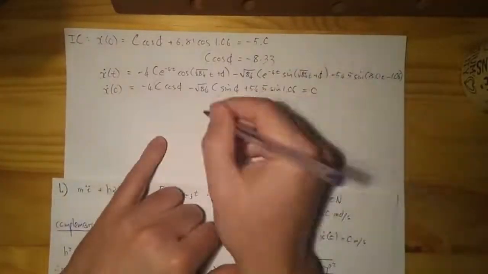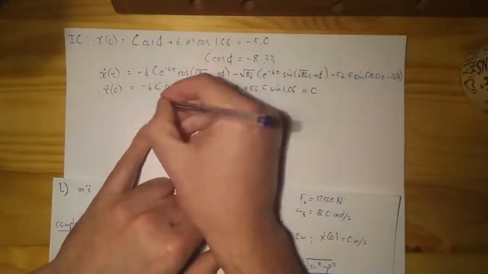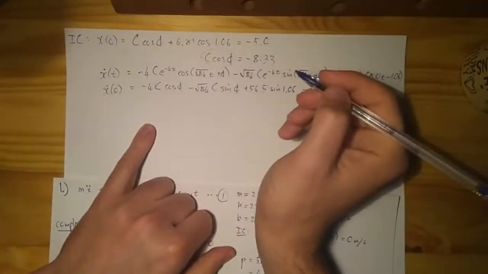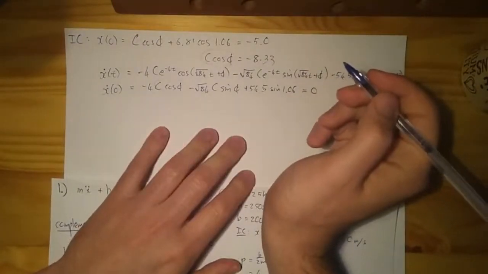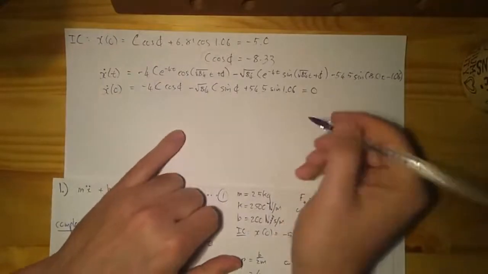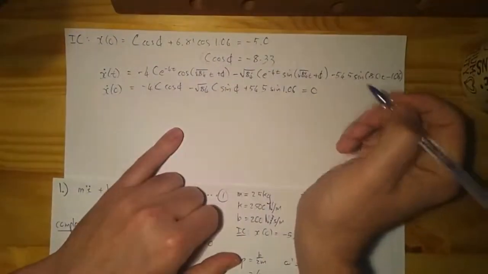Okay, so we can write this as 4 times, okay, let's write it all on the right side. So let's save some space. Okay, I'm just going to save space and skip a step.